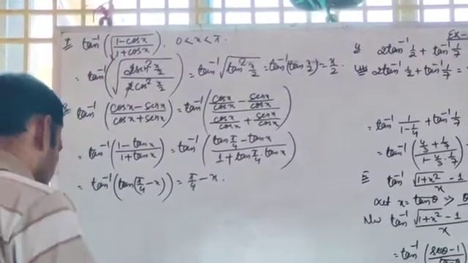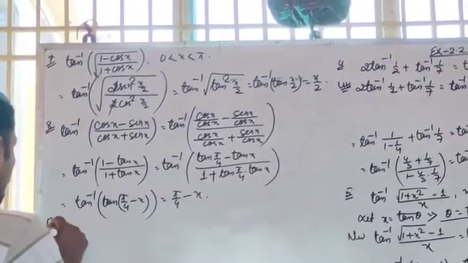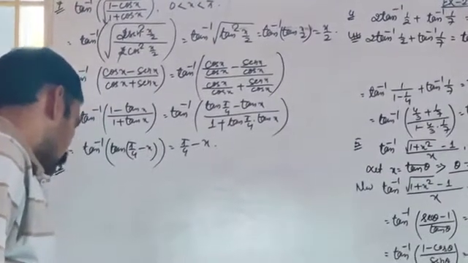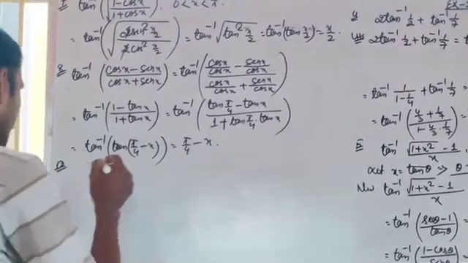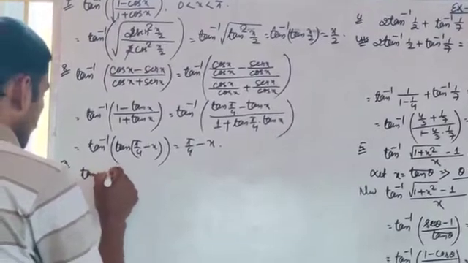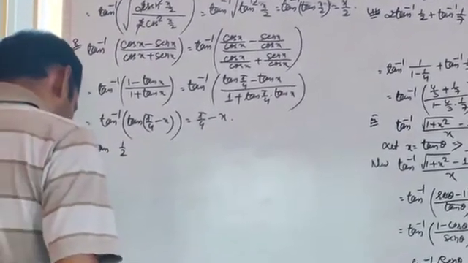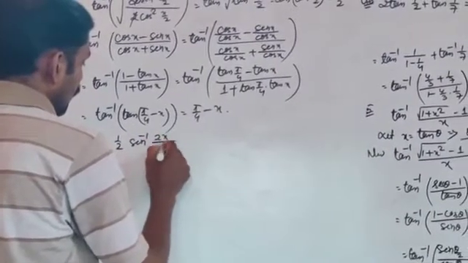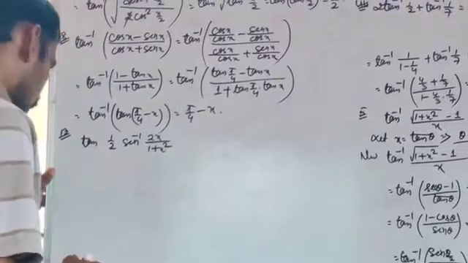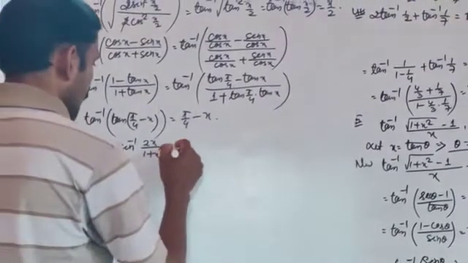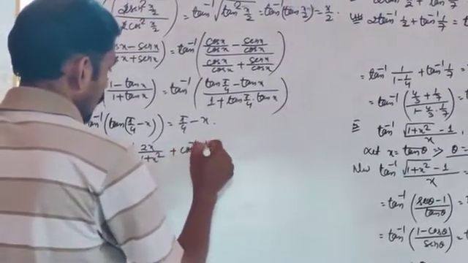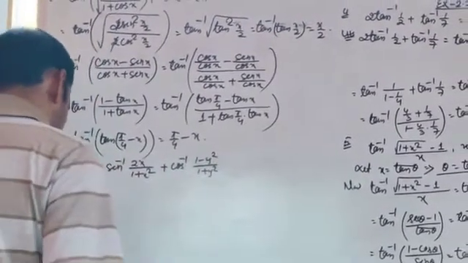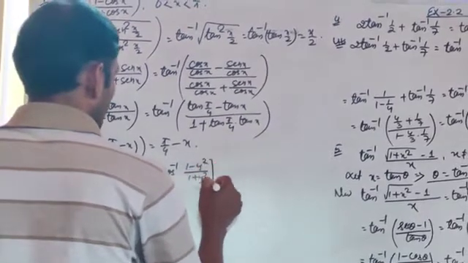Here next question is number 13. The question is: find the value of tan half of sin inverse 2x by 1 plus x square plus cos inverse 1 minus y square by 1 plus y square.